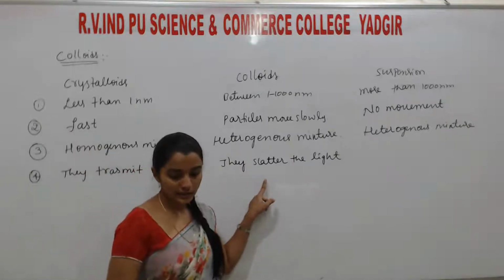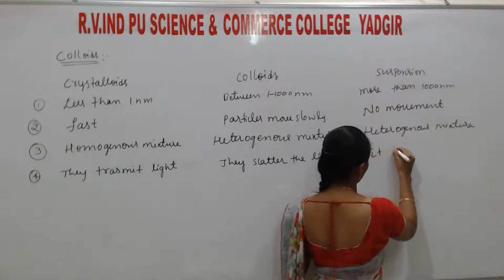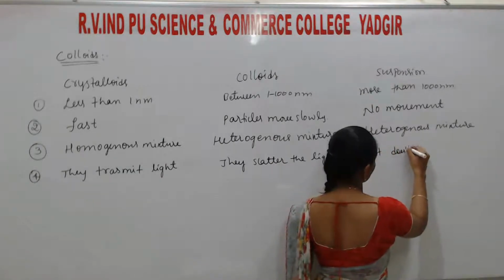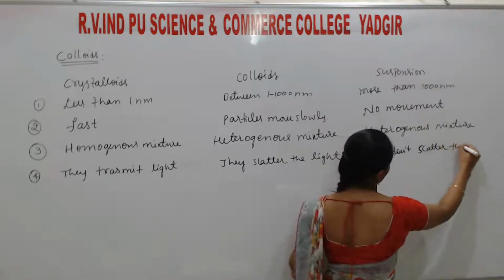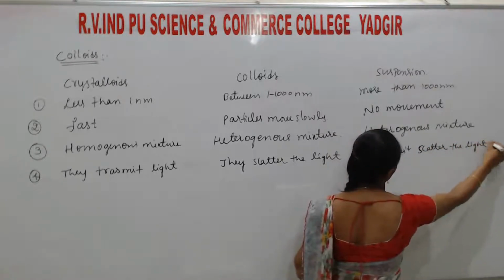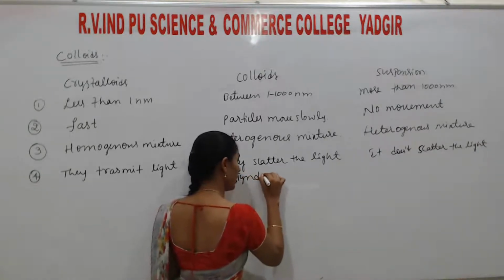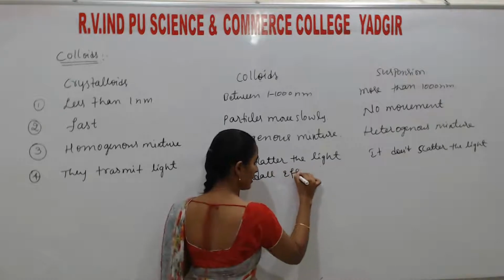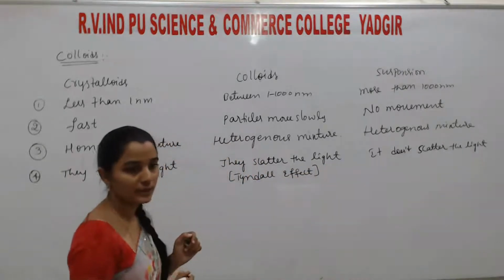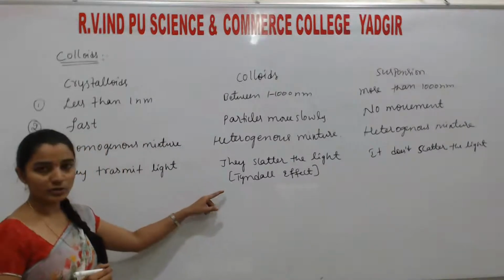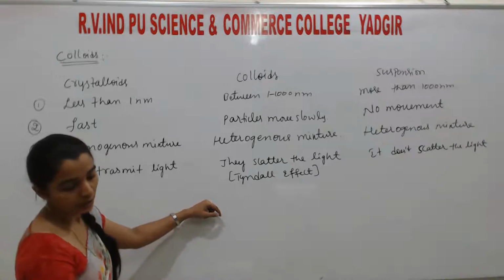This one scatters the light and this one doesn't scatter the light. So the scattering of light is called the Tyndall effect, which is very important for 2 marks. Later I will explain in the properties. This colloid shows the Tyndall effect, that is scattering of light. That is very important for 2 marks.